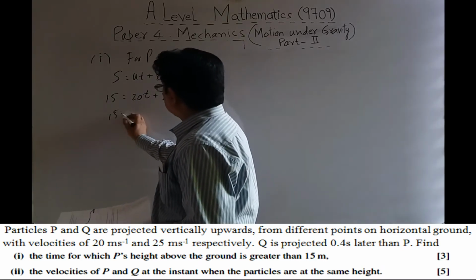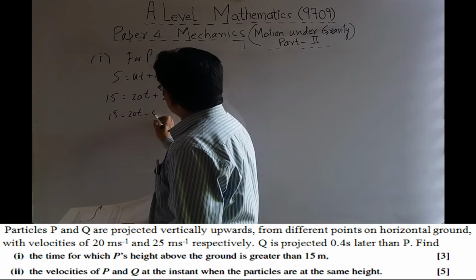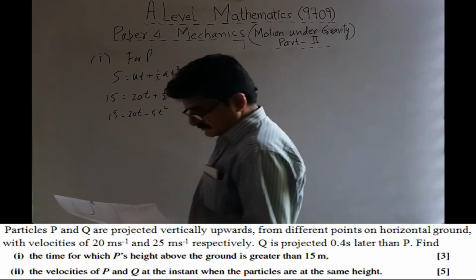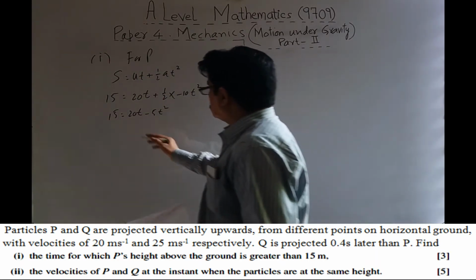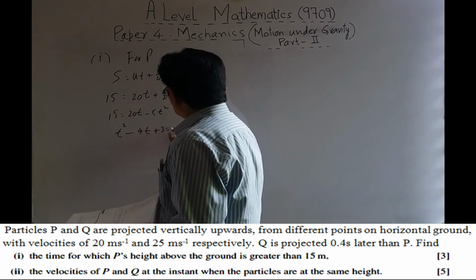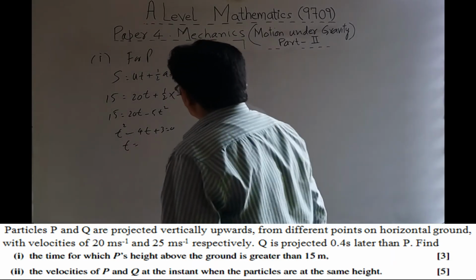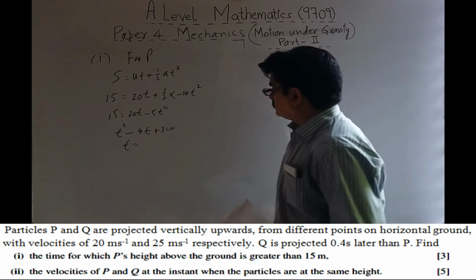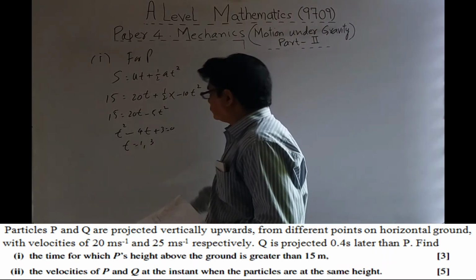So you will have 15 equal to 20t minus 5t square. Now simplifying it, you will get a 3-term quadratic equation, t square minus 4t plus 3 is equal to 0. If you solve it, it's minus 3 into minus 1, you will get 1 and 3.